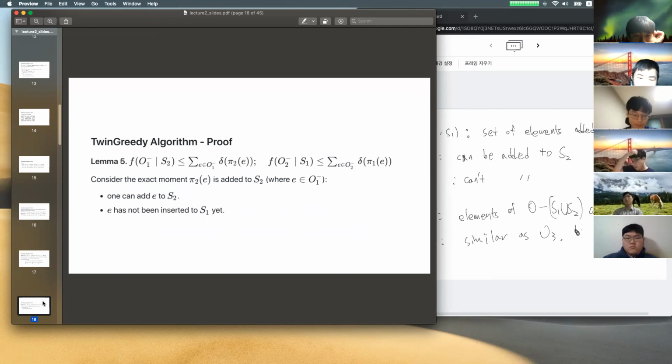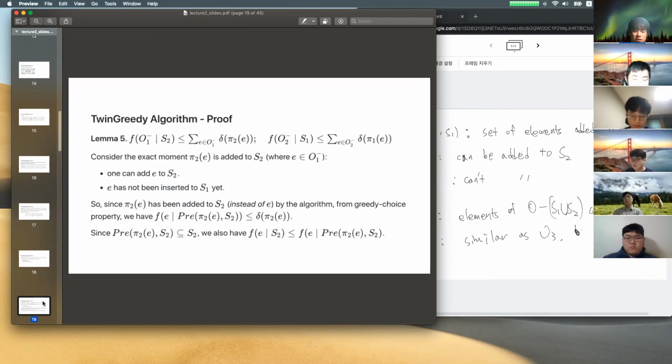At this moment we can add E to S2, and E is not added to S1 yet. Here we use greedy choice too.